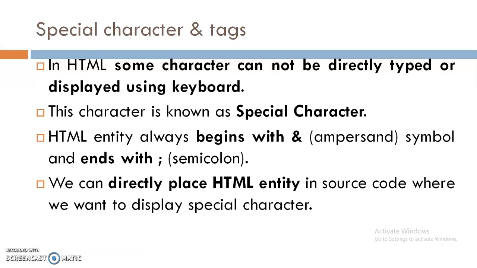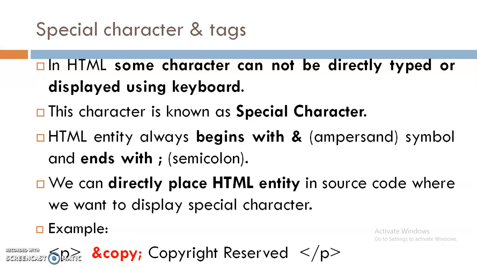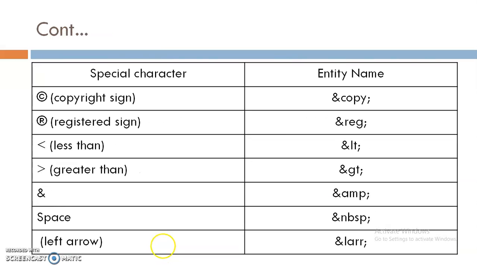We can directly place an HTML entity in the source code where we want to display the special character. For example, if I want to display the copyright symbol, then I have to use the ampersand sign, then copy, then semicolon. So the copyright symbol is displayed.